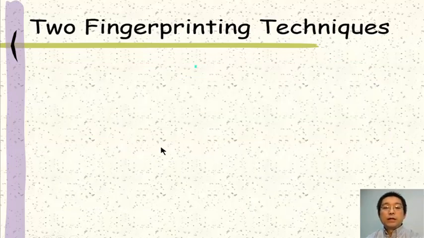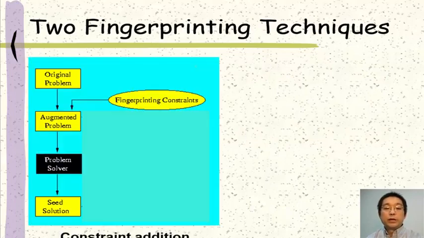This slide highlights two different fingerprinting techniques. The first one is called constraint addition, where we start from the original problem and then we consider a set of fingerprint constraints. Combining these two, we form an augmented problem. We use the problem solver to solve this augmented problem to obtain a seed solution. This seed solution meets the original problem constraints, which means it has a value as an IP.